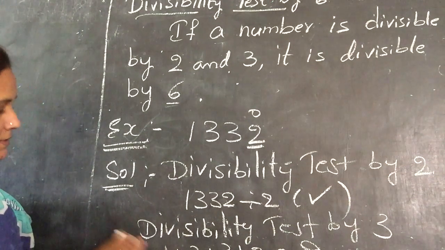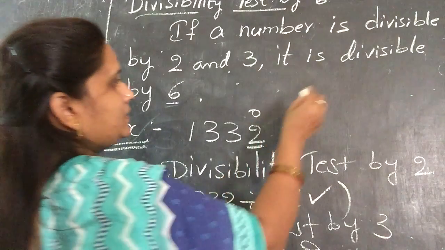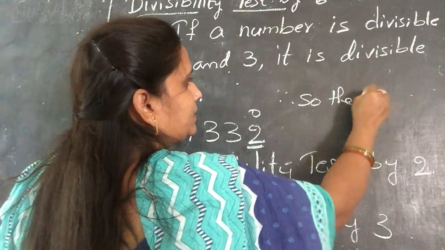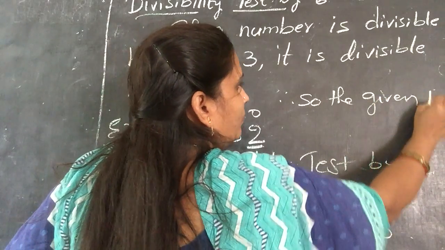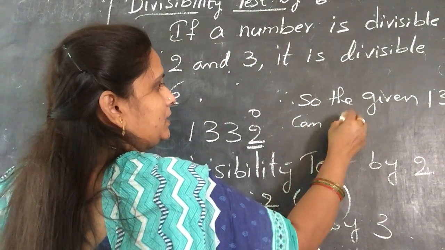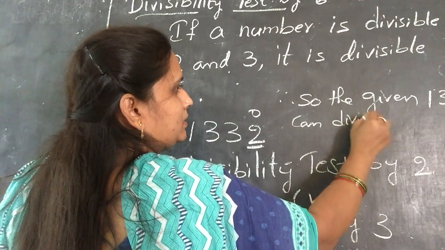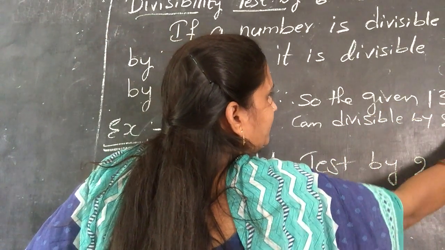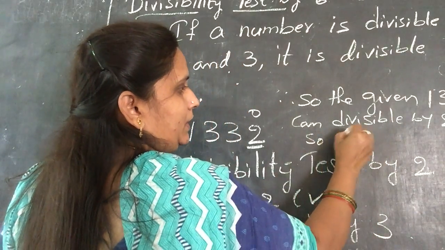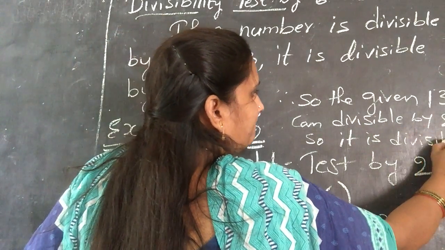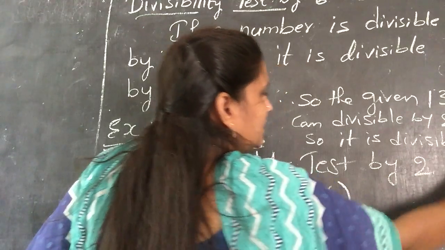Conclusion, you can write it on the next page, children. So the given number 1332 is divisible by 2 and 3, so it is divisible by 6 also.